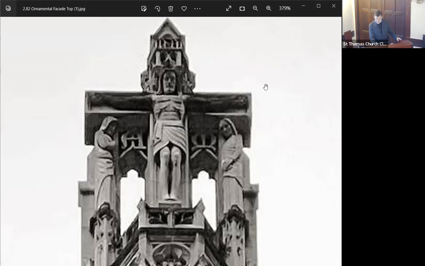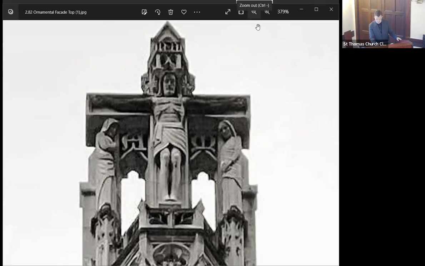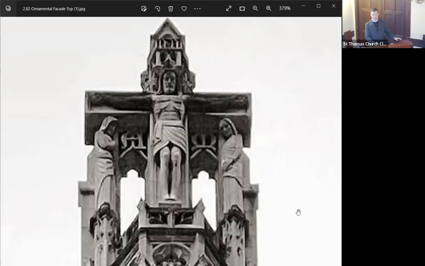Here he is being crucified. Again, very stylized, and it wasn't carved until the 60s. And do you see the secret symbols, the Greek letters, Alpha and Omega? The Omega looks like an M, but it's not. It looks like that as a result of the archway behind each letter.